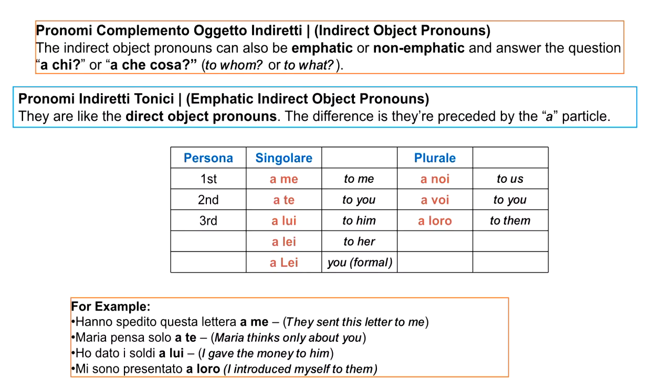And the plurals are a noi, a voi, a loro. Okay? Some examples. Hanno spedito questa lettera a me. They sent this letter to whom? To me. A me.